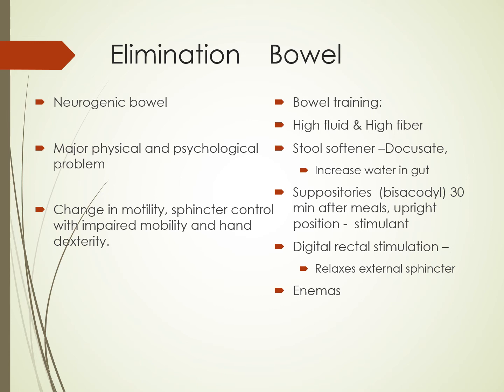It increases the water in the gut. We talked about suppositories, that Biscotal, that stimulates the peristalsis to help with expulsion of stool. Digital rectal stimulation relaxes that external sphincter, and we'll go over enemas in a minute.